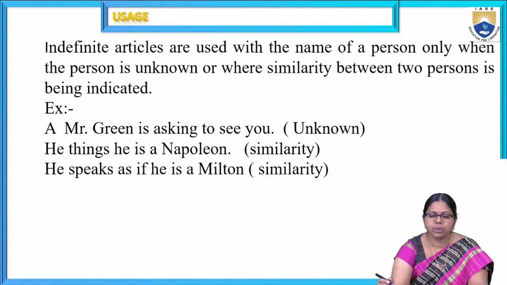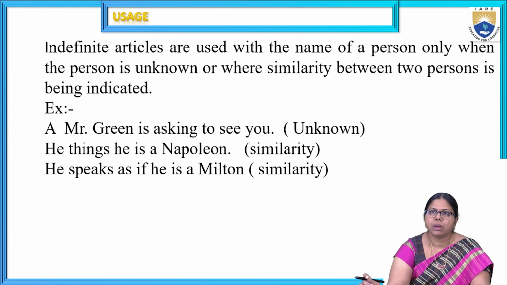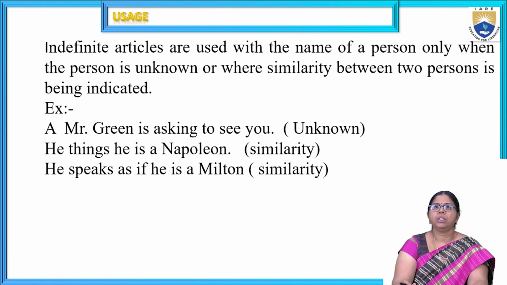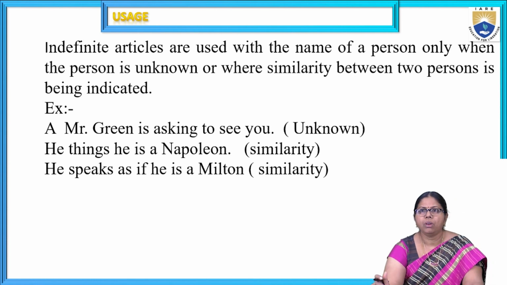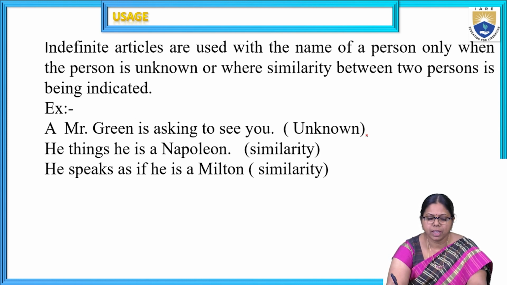One more usage of indefinite articles: they are used with the names of persons only when the person is unknown, or when similarity between two persons is indicated. For example, when the person is unknown: A Mr. Green is asking to see you.